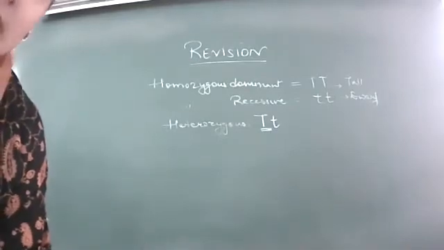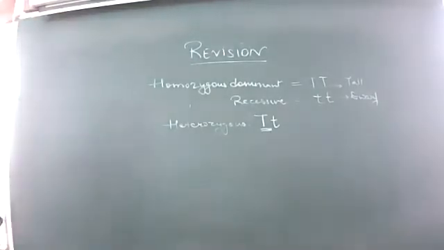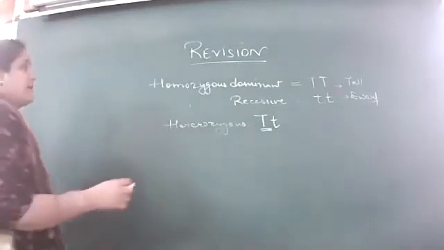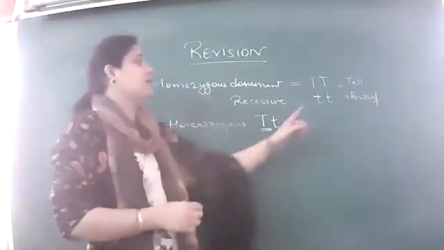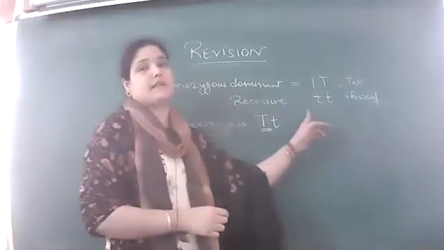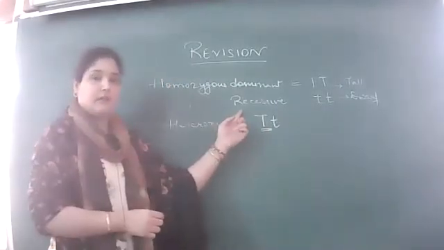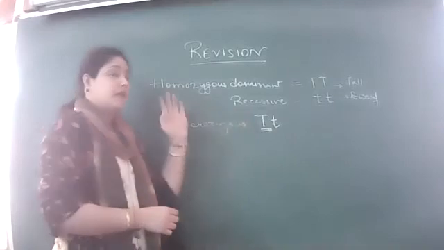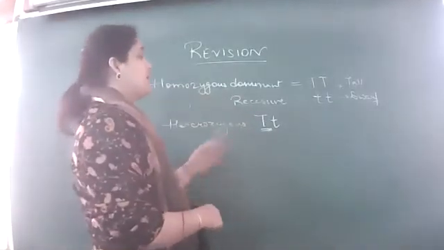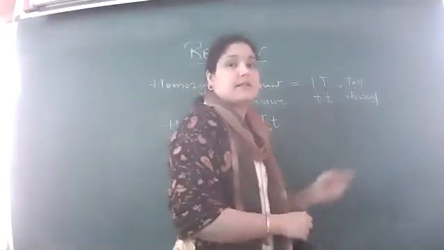So from these three conditions which we have studied from Mendel's laws, it is only one condition when the recessive character is possible, and that is the homozygous recessive condition. The character which is a recessive character, that is dwarfness, it was a recessive feature.